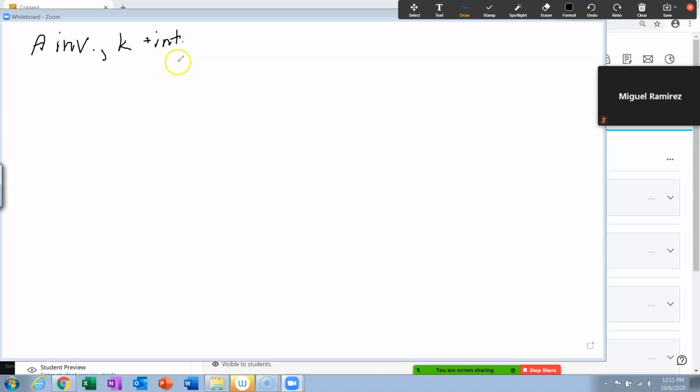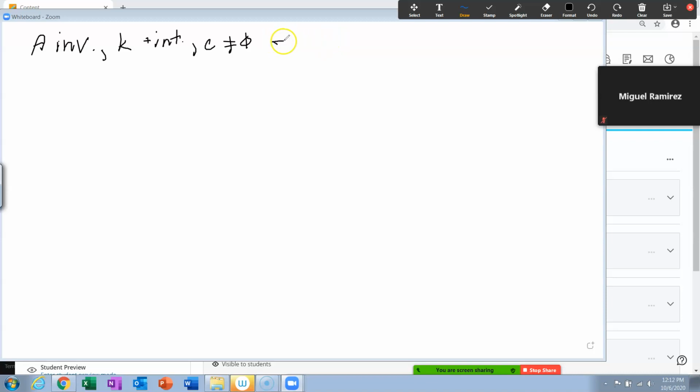K is a positive integer. Okay? C is any real number, a non-zero scalar. Any number. It doesn't have to be an integer, any number, it just can't be zero. Then, those are the givens here.